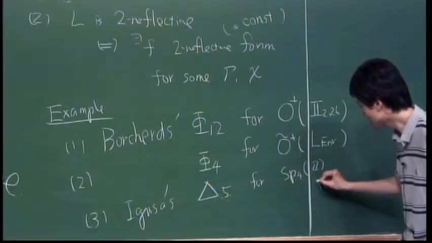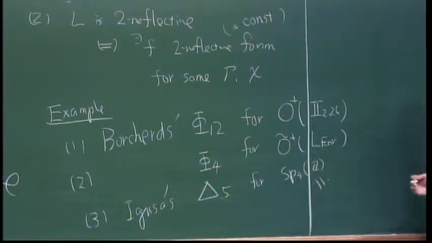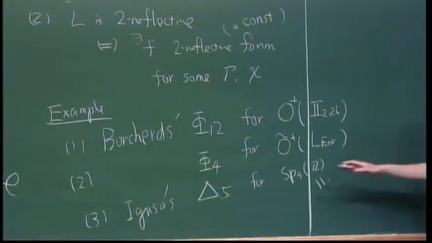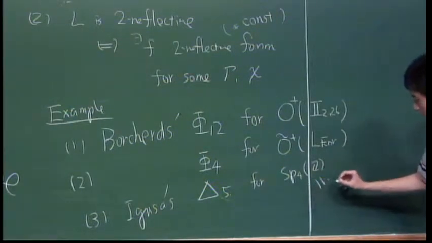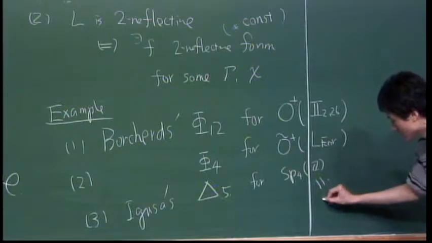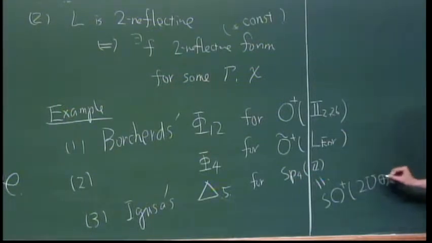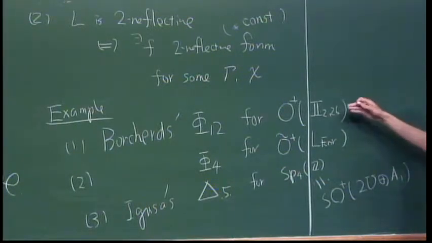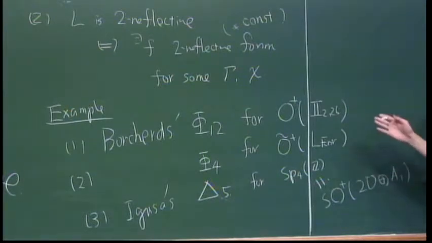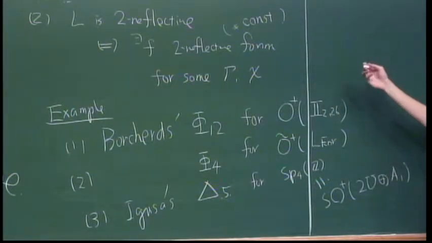But up to projectivity, this symplectic group is also almost equal to the special orthogonal group of the lattice 2U + A1. So there are some hints that such modular forms are interesting.